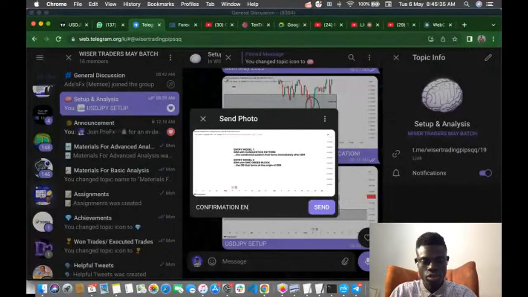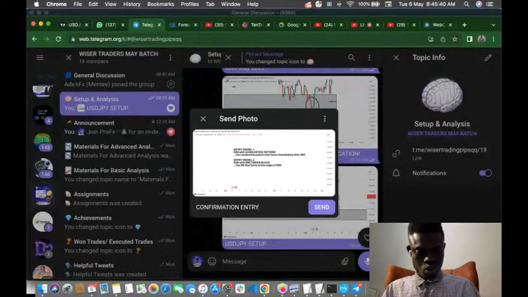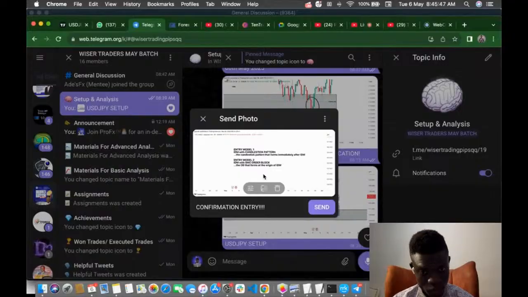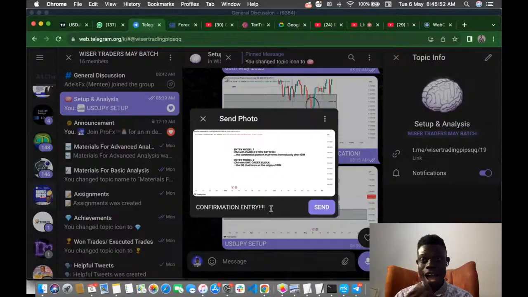So confirmation entry. Go and backtest this. Anything I say, go and backtest it. Because some of this I'm saying comes from a source that I myself need to go and backtest. Why am I sure it is going to work? Because when I say it, I come to the chat and I see it 1, 2, 3 times. So when I see something, I won't just say it as theory.